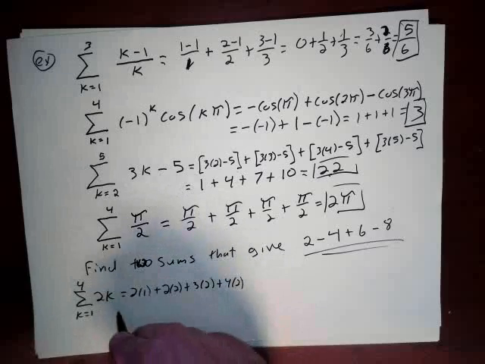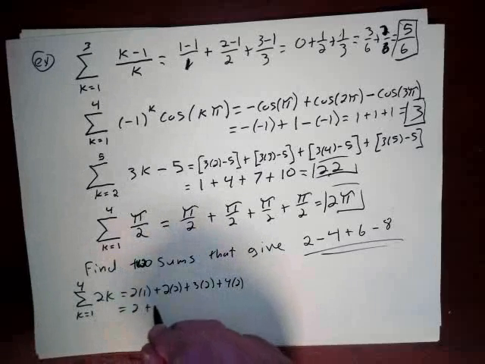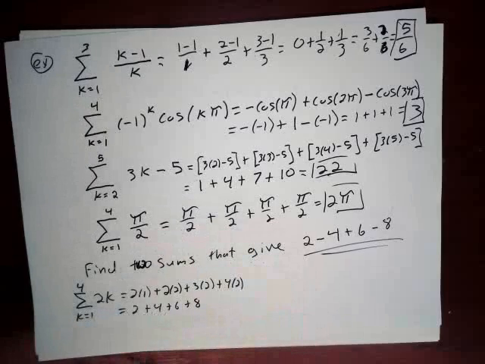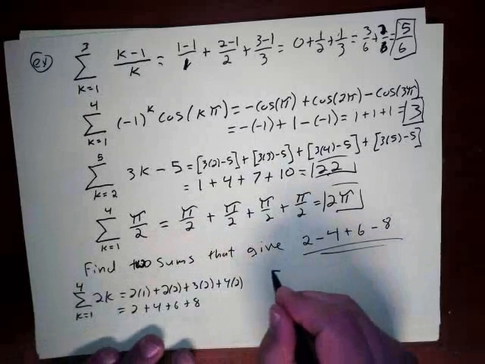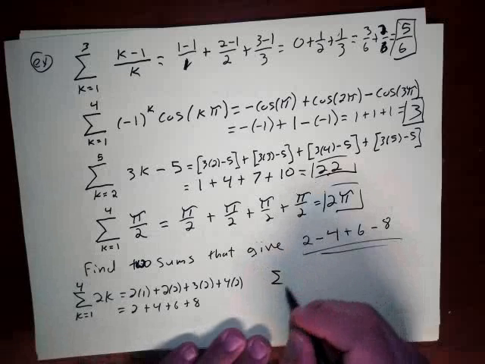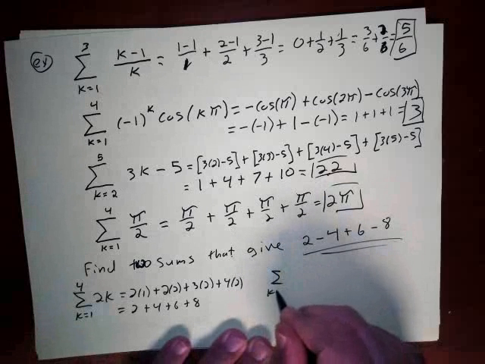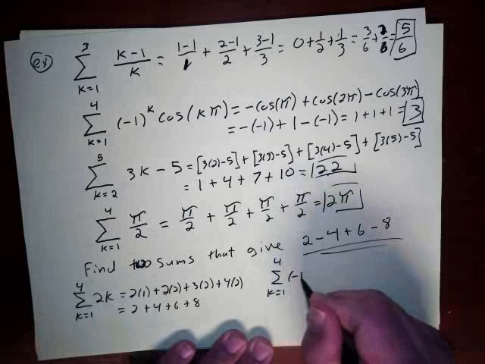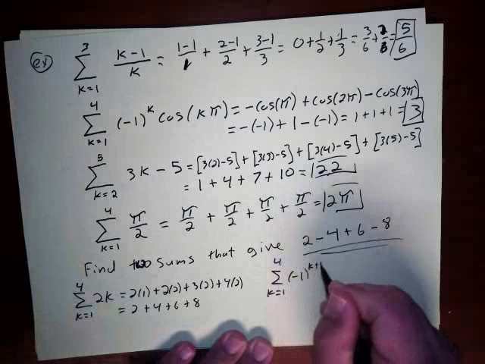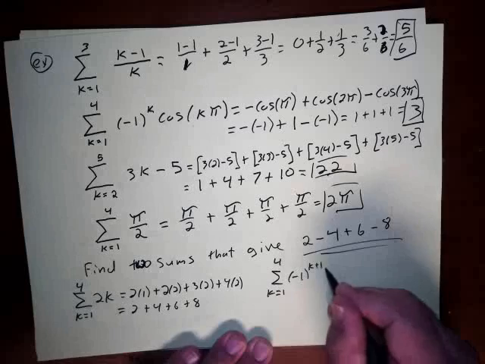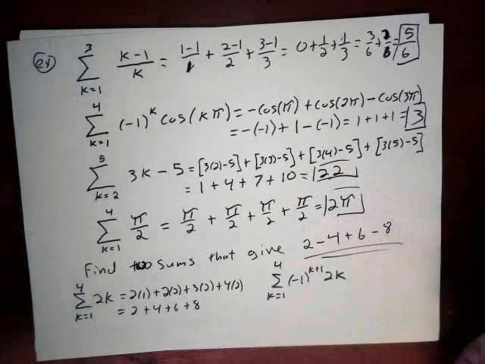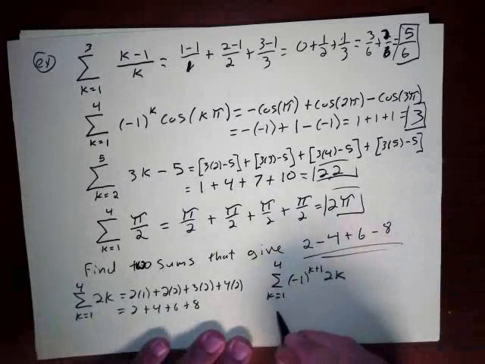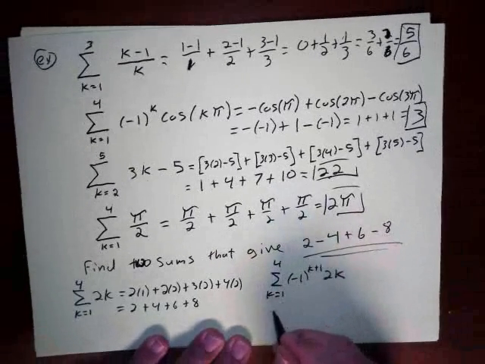Okay, and this would give me 2 plus 4 plus 6 plus 8. Okay, so one sum, I want it to alternate here, but I want the first term to be positive. So I could do k equals 1 to 4 of negative 1, and this would have to be k plus 1, and then I could have 2k. So that would be one possible sum, and there's a whole bunch of other ones by shifting these.